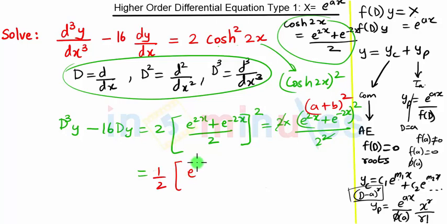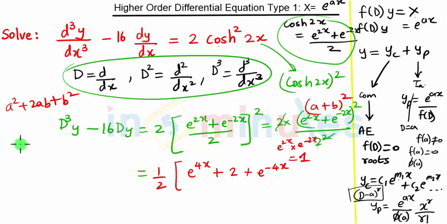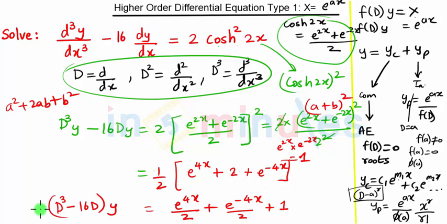Here we will get e raised to 4x plus 2 into e raised to 2x into e raised to minus 2x, which is nothing but 1, plus e raised to minus 4x, since (a plus b) the whole square is nothing but a square plus 2ab plus b square. So we are using this formula here. If I take this 2 inside, we will get e raised to 4x upon 2 plus e raised to minus 4x upon 2 plus this 2, and this 2 in the denominator will make 1. This is our final equation.